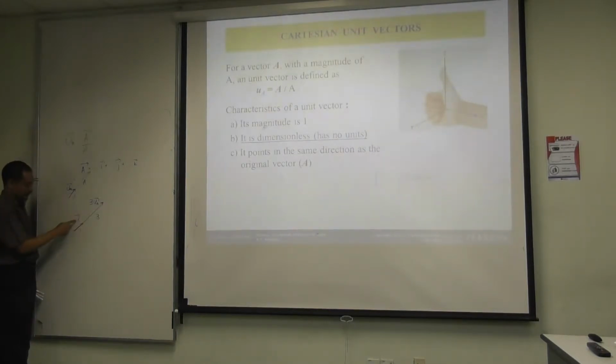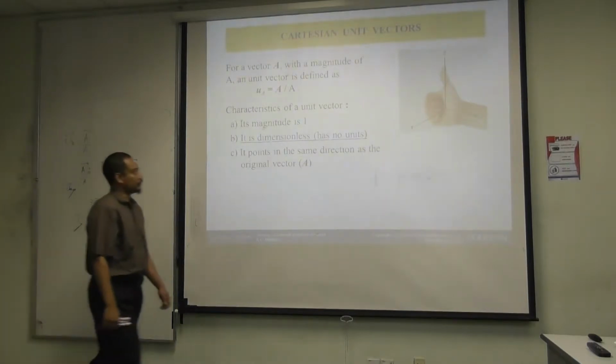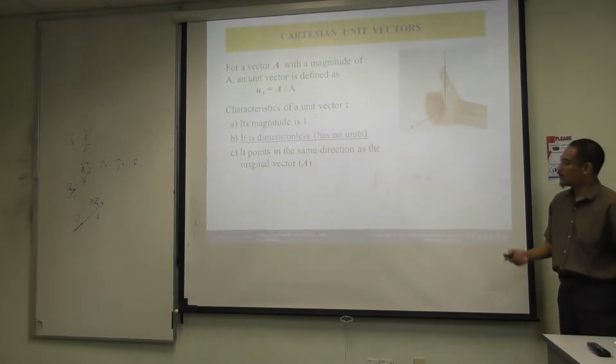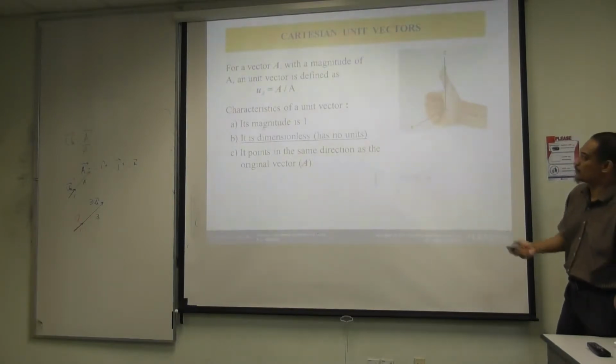So if this is 1i plus 1j plus 1k, then if the magnitude is 3, you just multiply, for example. That's one thing that will be very common throughout our course, the unit vector.